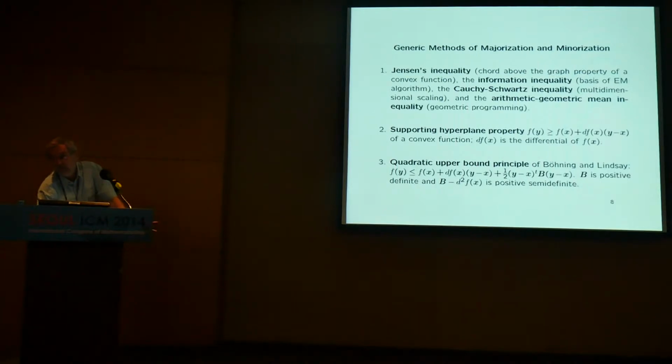You can use that, for example, in geometric programming. Convexity enters in a big way through the supporting hyperplane property. That gives you a minorization. And if you want a majorization, you can use the quadratic upper bound principle, which says you need some kind of bound on the curvature of the objective function. So you want to replace the Hessian of the objective function by a matrix which is more positive definite than the Hessian is.